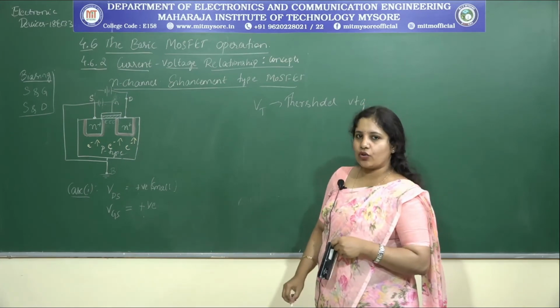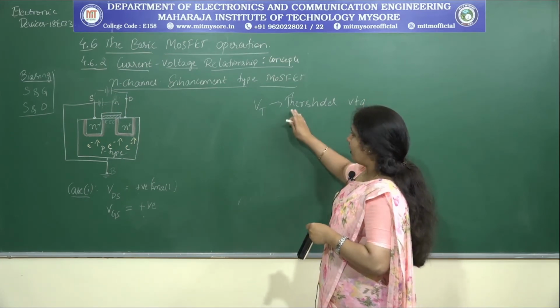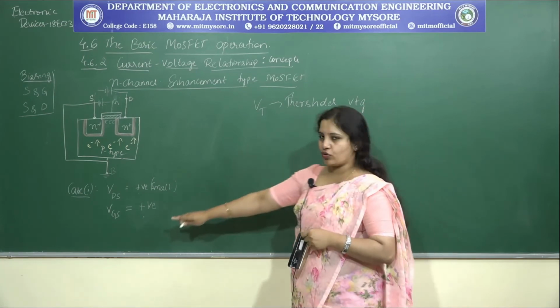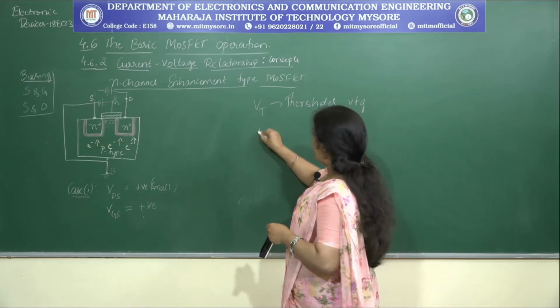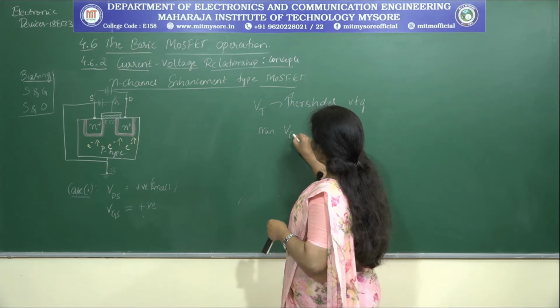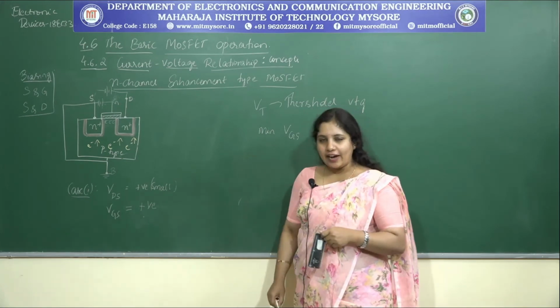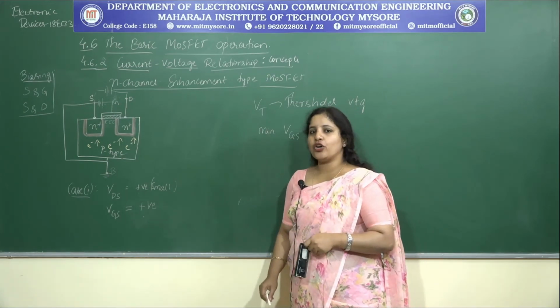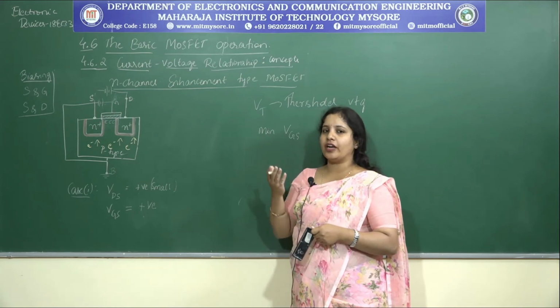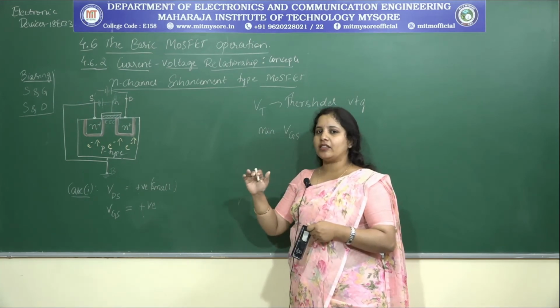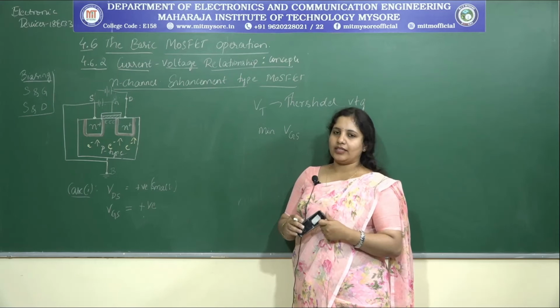What does this threshold voltage indicate? It is the minimum gate to source voltage that I have to provide in order to ensure that the electrons are drifted and settled beneath the oxide layer that I have.